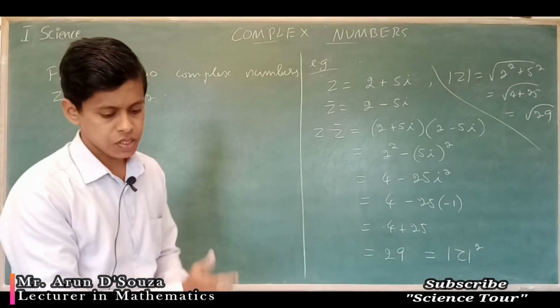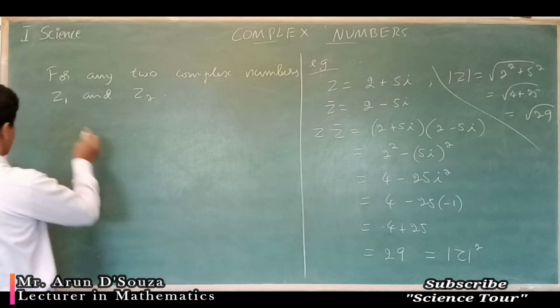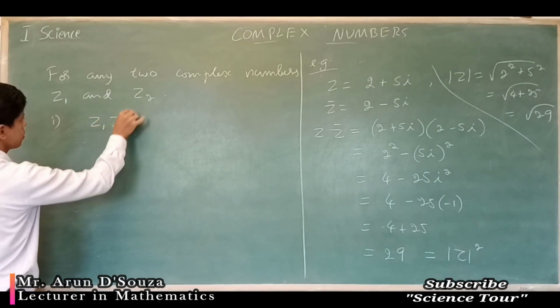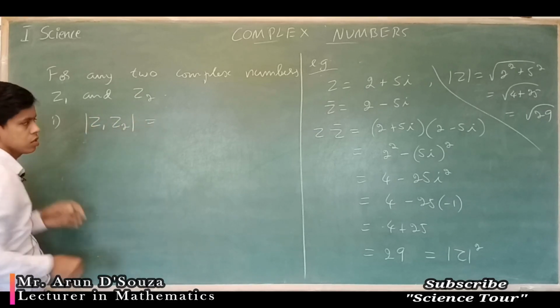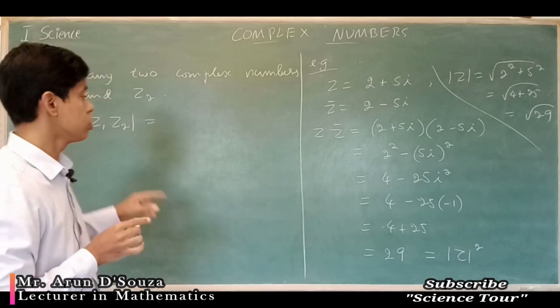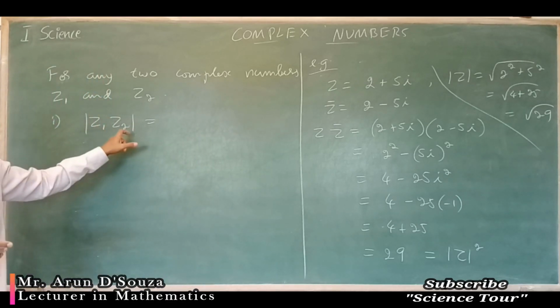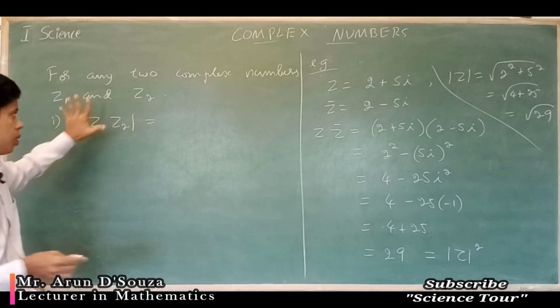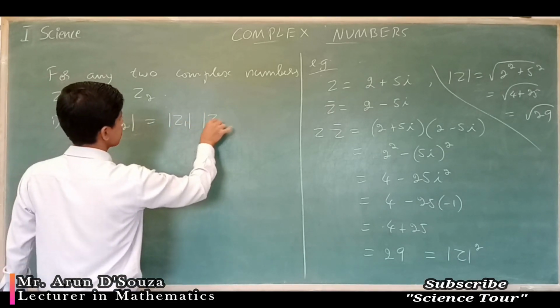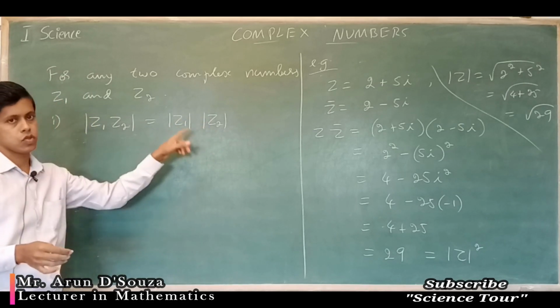Right. So the first one is modulus of Z1 into Z2. So if you want to find the modulus of Z1 into Z2, you need to multiply Z1 and Z2, right? So you can do that. You can find the modulus of Z1 and modulus of Z2. Then multiply them. So that will be easy.